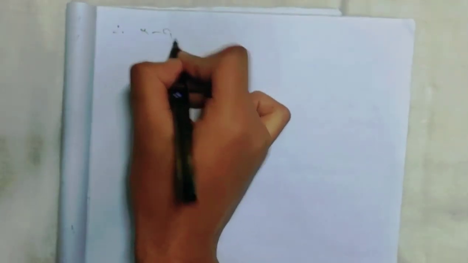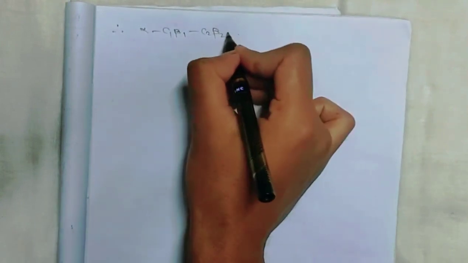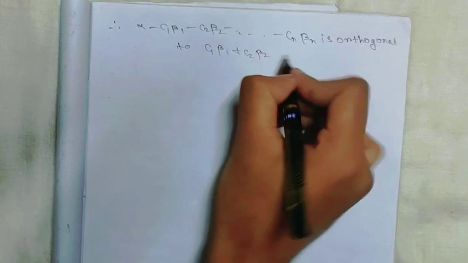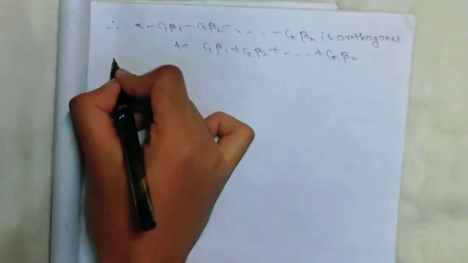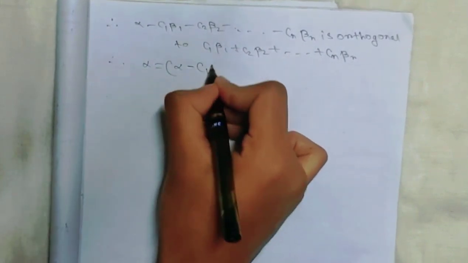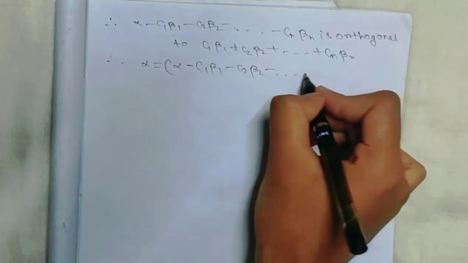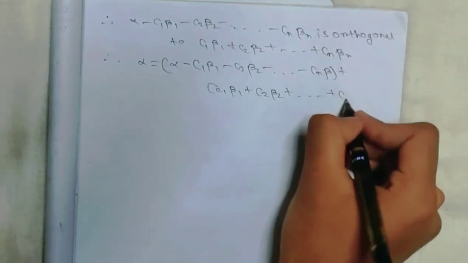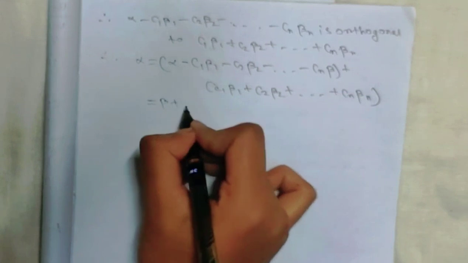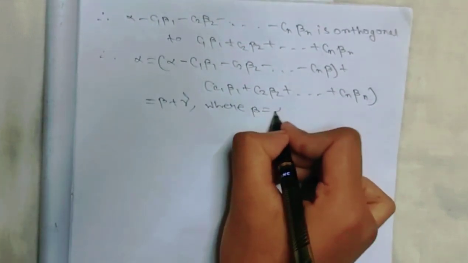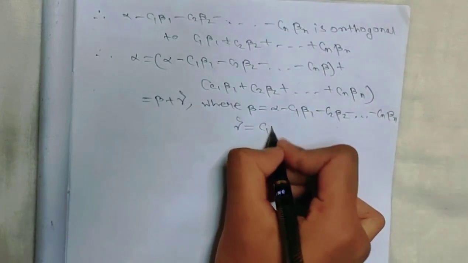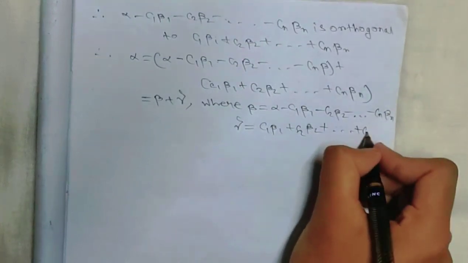So α − c1β1 − c2β2 − … − cnβn is orthogonal to c1β1 + c2β2 + … + cnβn. Therefore, α equals α − c1β1 − c2β2 − … − cnβn plus c1β1 + c2β2 + … + cnβn, equals β plus γ, where β equals α − c1β1 − c2β2 − … − cnβn, and γ equals c1β1 + c2β2 + … + cnβn.